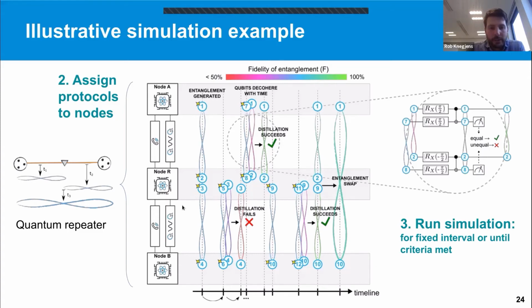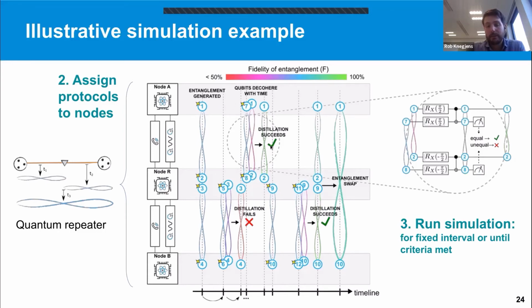What you see in this example, so these are qubits being created. And you see a discrete event timeline proceeding. In this case, the second pair of qubits are created and now distillation takes place. But of course, the fidelity of the first pair, because they've been sitting in memory, has decohered.